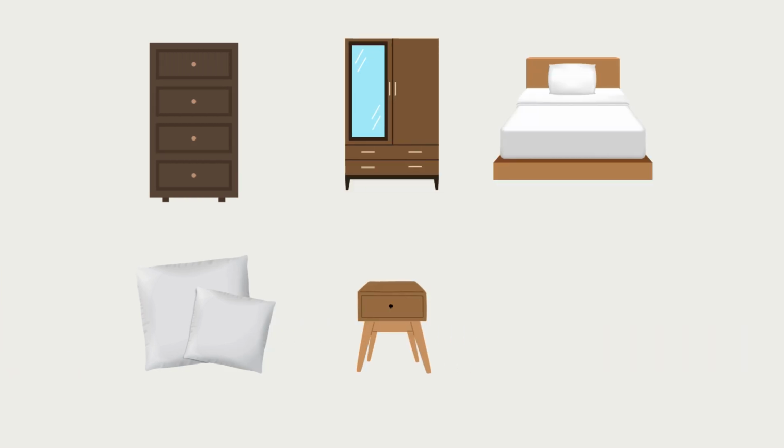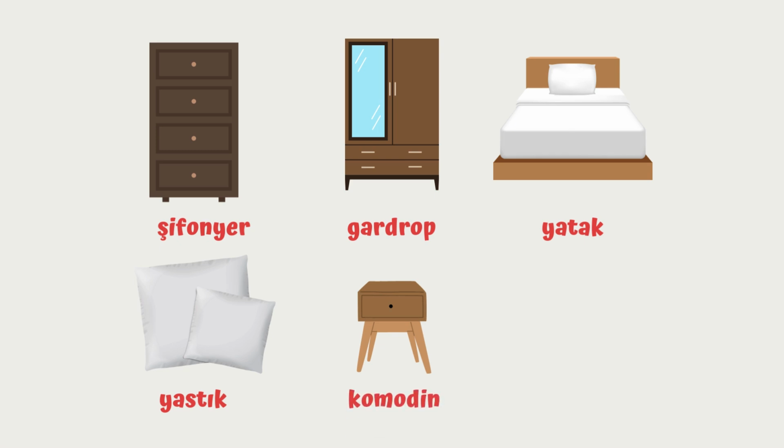And some of the furniture items in yatak odası are şifonyer, gardırop, yatak, yastık, komodin.